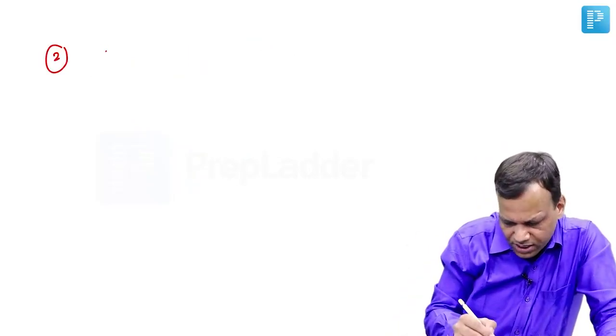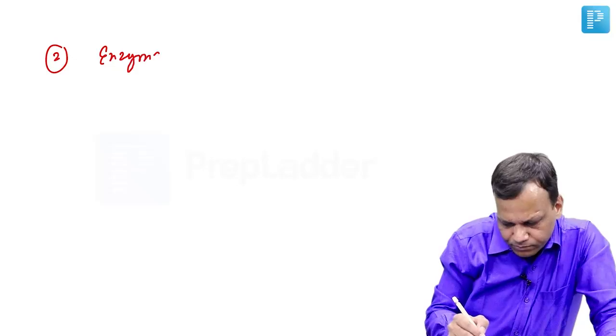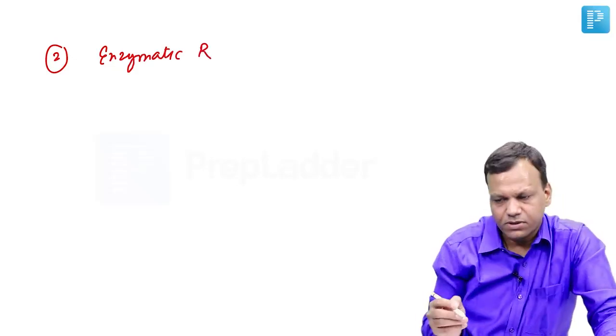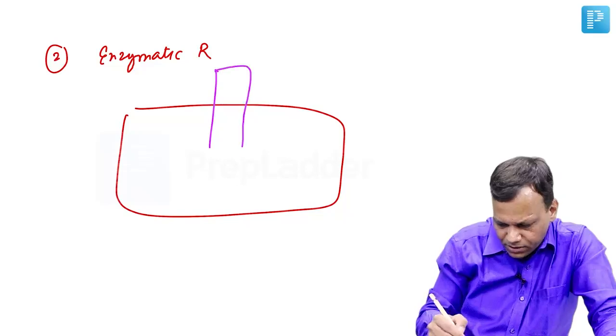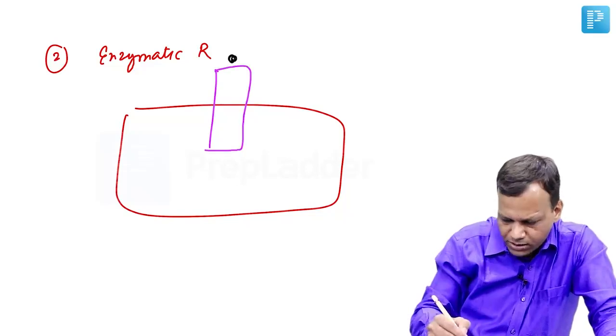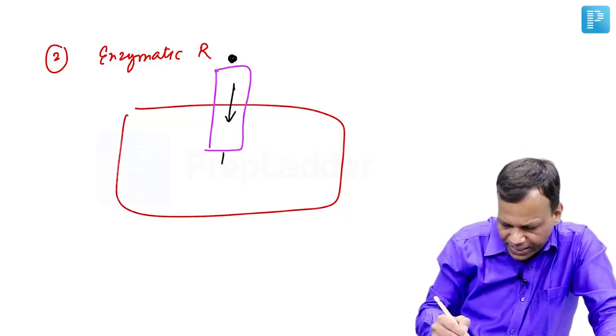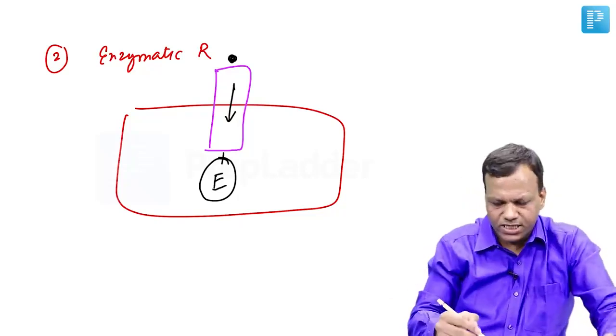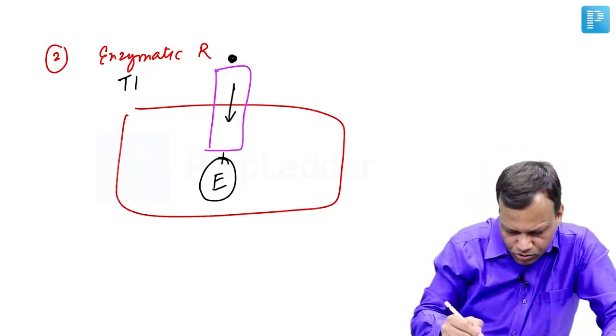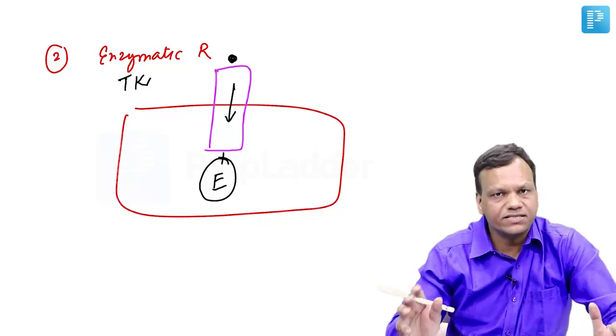Then the second type of receptors are known as enzymatic receptors. So again, a very simple mechanism. This is the cell, this is the receptor. So the drug binds outside, it will activate the receptor, that will activate an enzyme inside the cell. So that will do the work. Mostly this enzyme is tyrosine kinase. So these are also known as tyrosine kinase receptors.